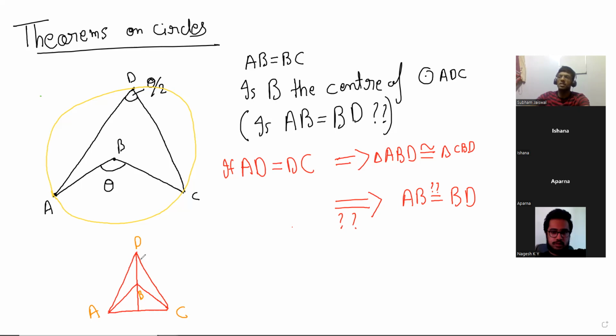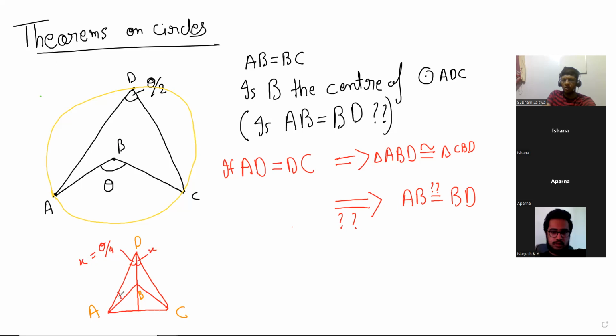Sir, yes, if we join BD and name ADB and BDC as X, and DAB and DCB as Y, like the three equal angles. Okay, yes, X. So this is theta by 4. Call it X.